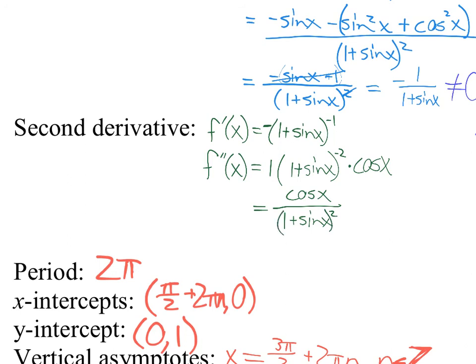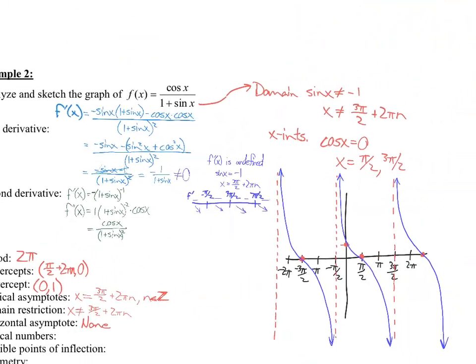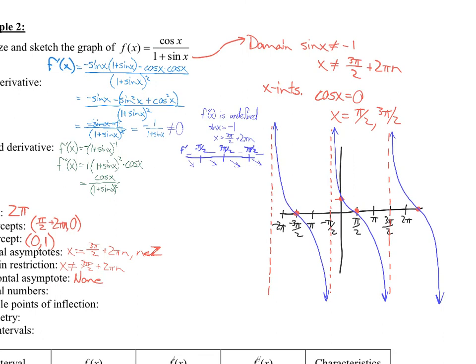Can you distribute the square? You'd have to FOIL. Yucky. So where does this equal 0? When cosine is 0. Now that sounds familiar because those were also our x-intercepts. And that's where it changes concavity.